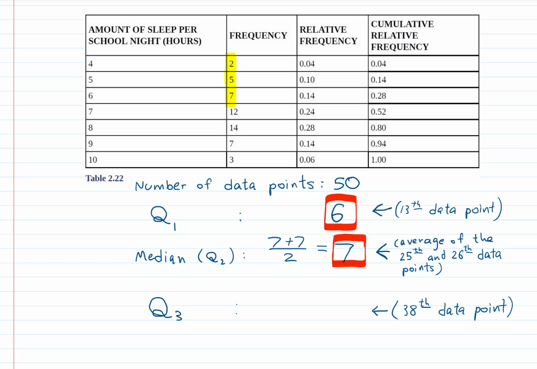Okay, which is the 38th one? So again, we have 2, 7 so far, 14 so far, 26. We need to go 12 more. And since there's 14 8s, then if we were to go 12 more, it would be an 8, right? So that's our third quartile.